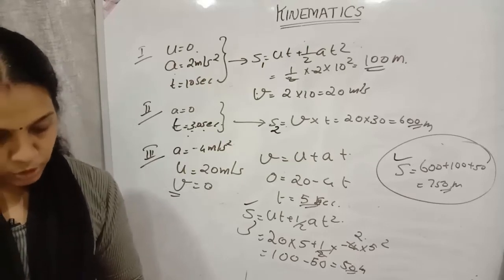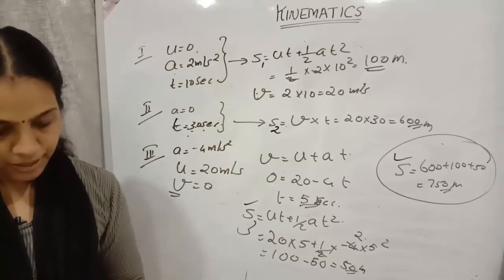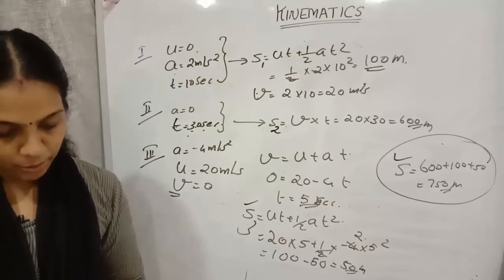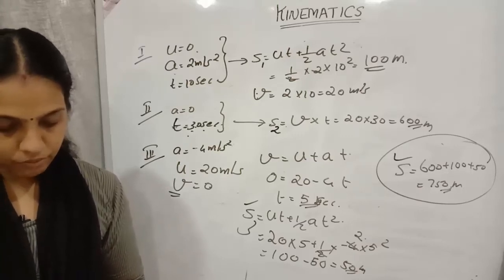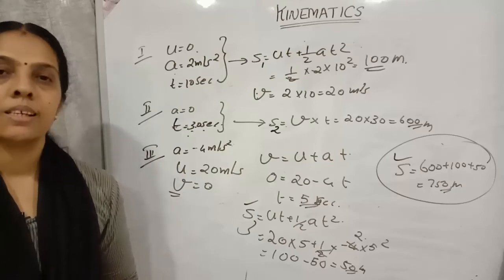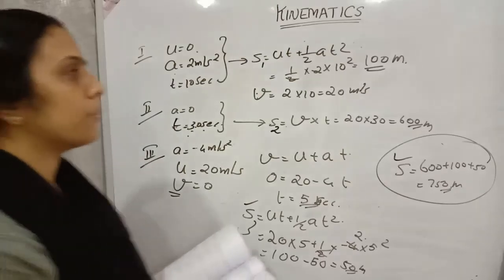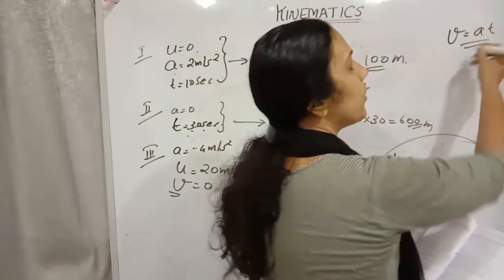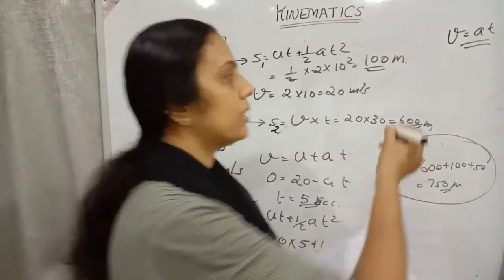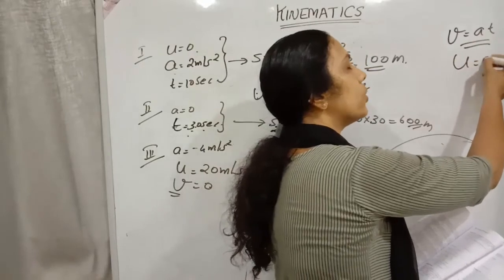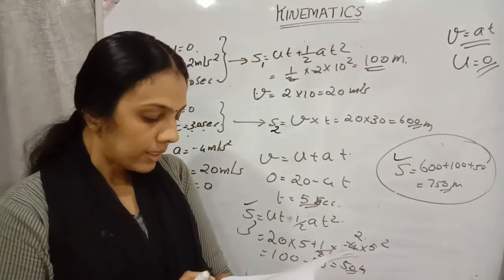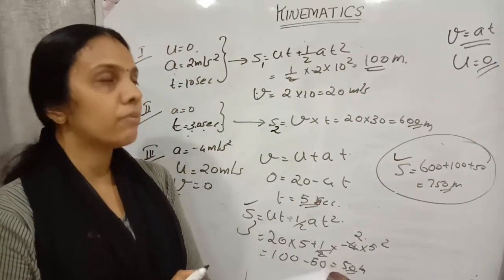The motion of a particle is described by the equation v equals at. The distance travelled by the particle in the first 4 seconds is? If v equals at is given, you can easily understand that u is equal to 0, so it is starting from rest.